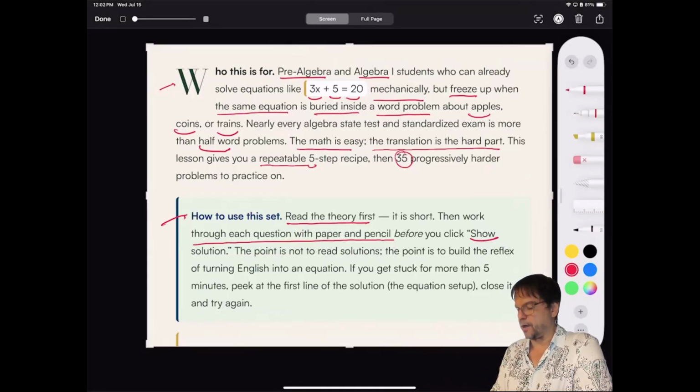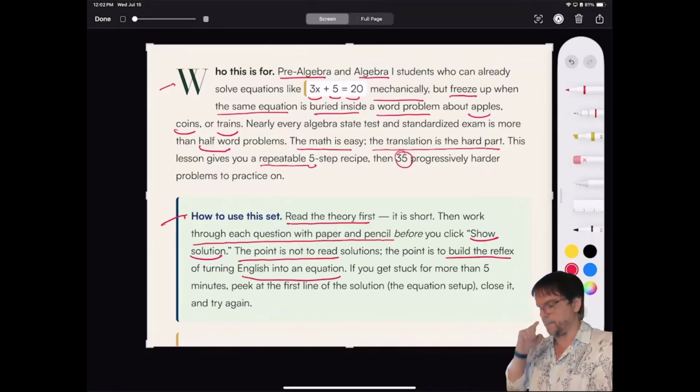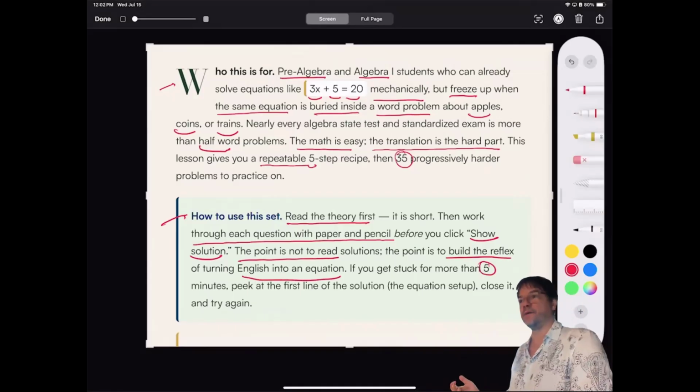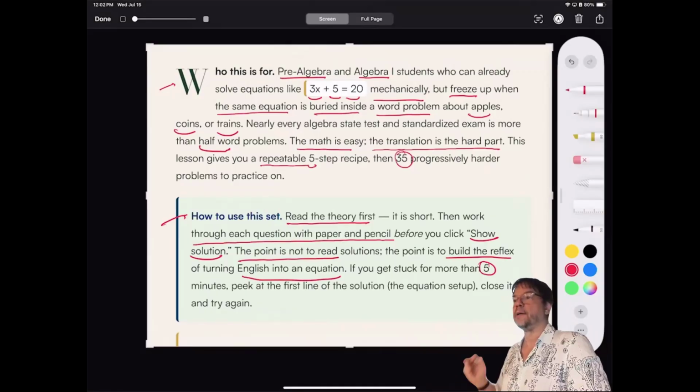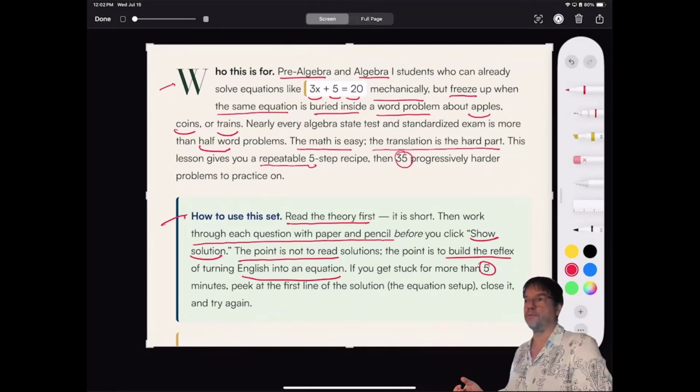All the solutions are hidden. The point is not to read the solution. The point is to build the reflex of turning English into equations. If you get stuck for more than 5 minutes on a question, click to see the answer, read the explanation, then close it again and do it by yourself. This helps.